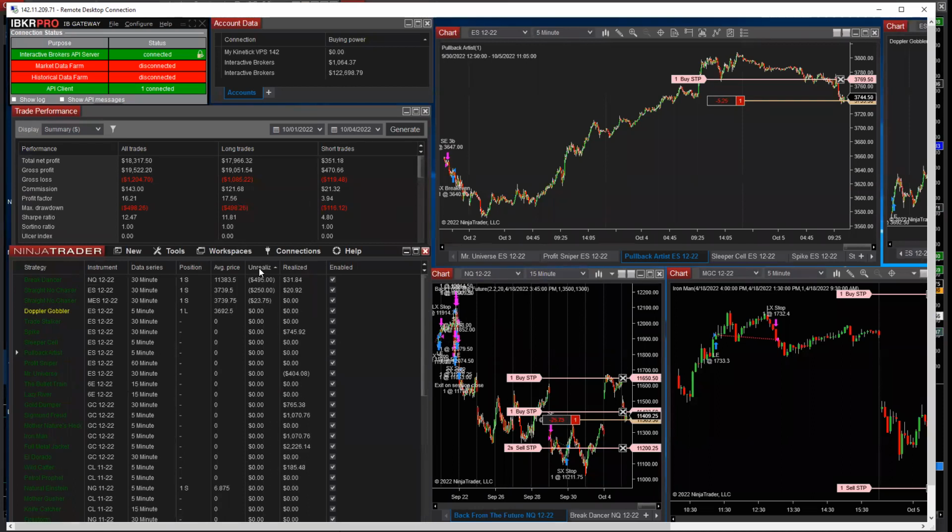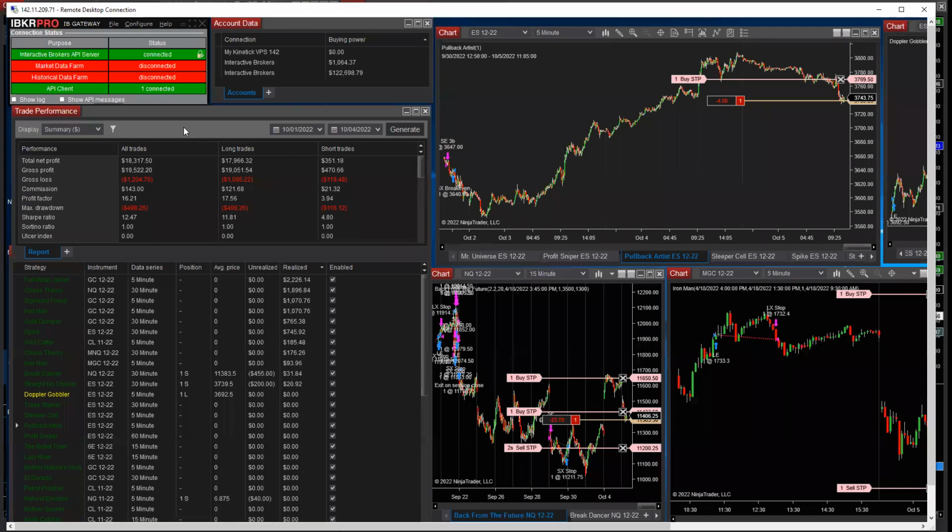Right now we're down a little bit today, but this is where we're at for the entire week so far, and actually, this is where we're at for the entire month on our positions.